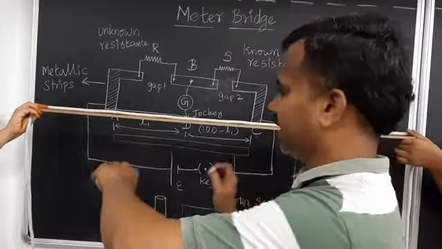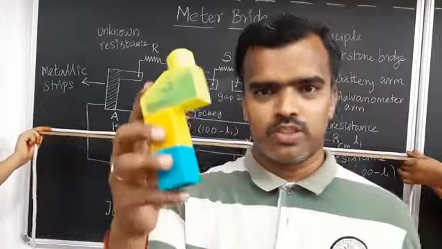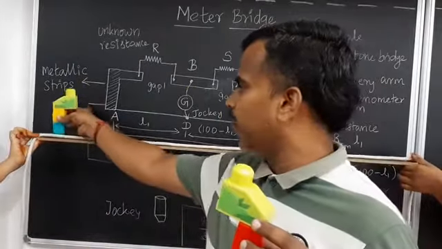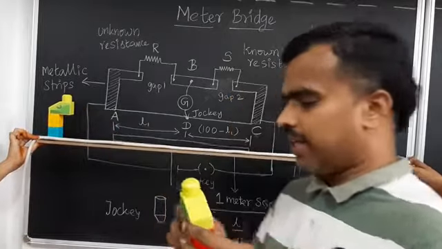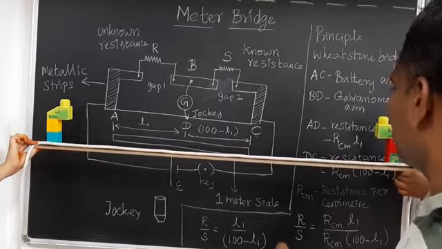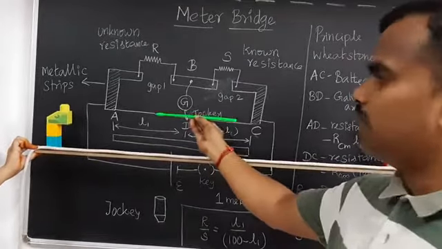Now I have two metallic strips. This is one metallic strip and this is the second metallic strip. In between I have conductors, right?